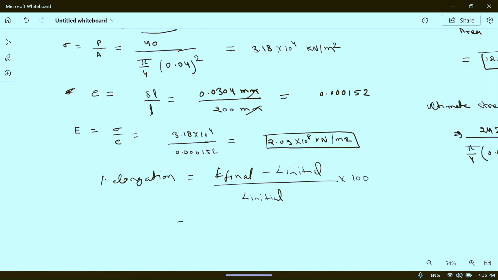So it is 249 minus 200 divided by 200 into 100, which will be equal to 49 divided by 2. It will be equal to 24.5%. So we have calculated all the values which were asked in the question.